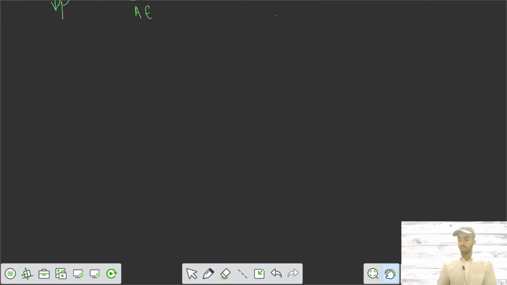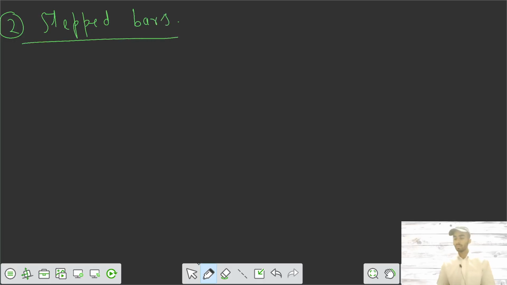Next one is the stepped bar. Let's say you have one bar, then another bar connected to it, then a third bar connected to that.